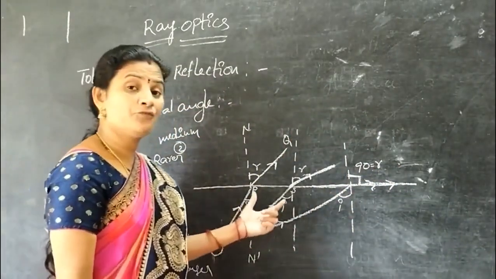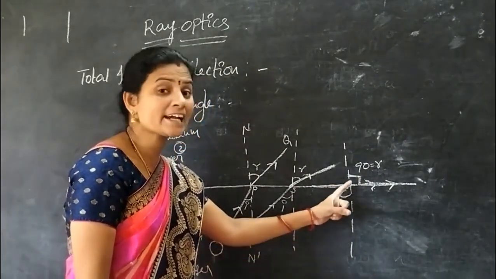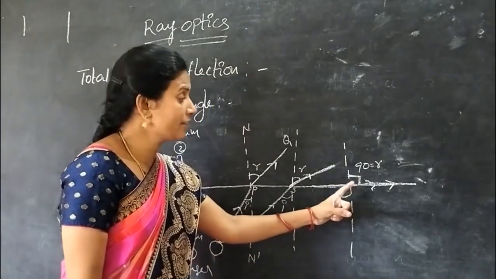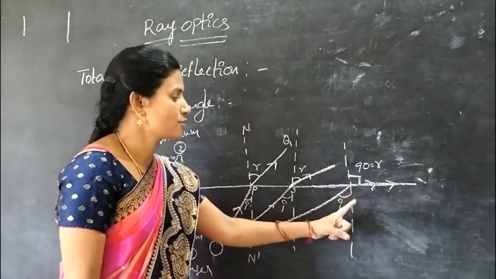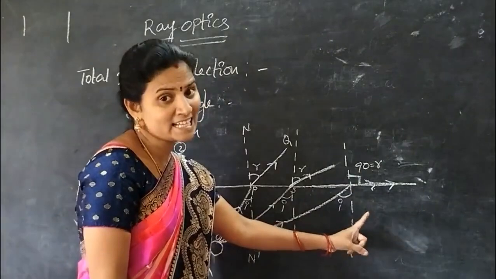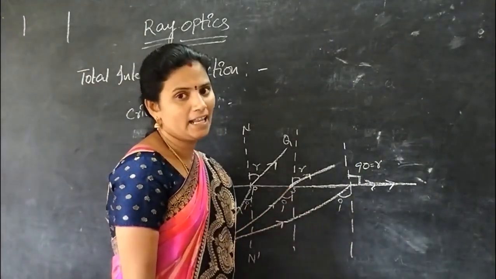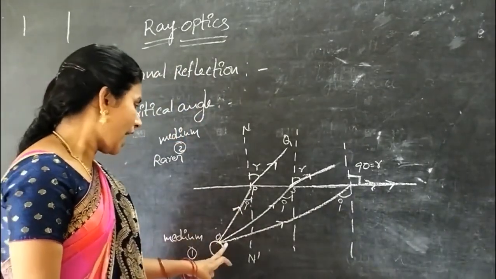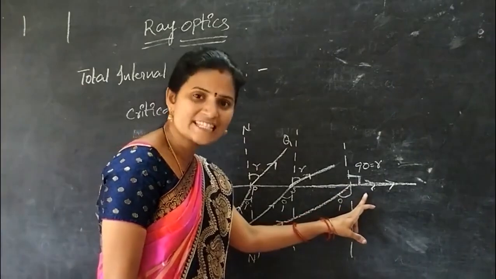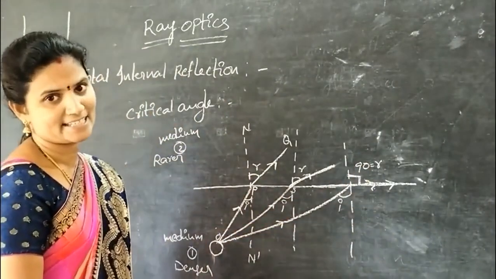So at which angle of incidence the refracted ray gets 90 degrees, that angle of incidence is known as critical angle. Critical angle means at which angle of incidence the refracted angle is 90 degrees.